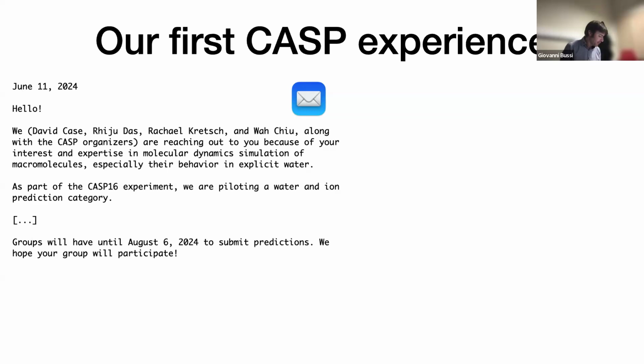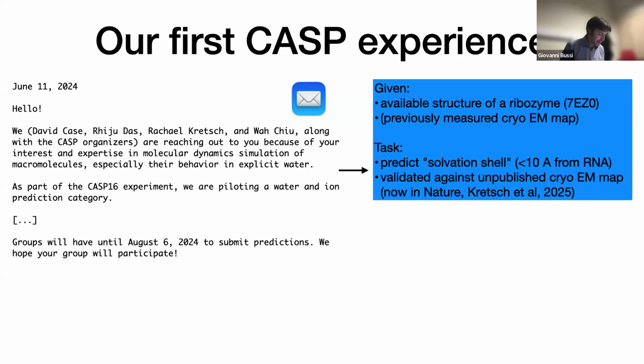Okay, so let's go to the first application, which we jumped into because we received this email from Rachel and other people who were trying to set up a new challenge for CASP. The idea was, given a previously published structure of a ribosome, and potentially a previously published cryo-EM map, the task was to predict the solvation shell, which in this context meant you had to submit RNA structure and also a layer up to 10 angstrom of water and ions around.